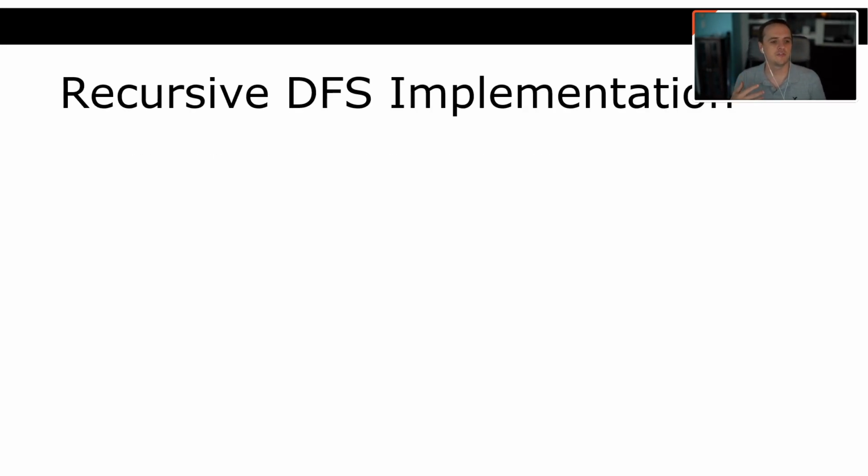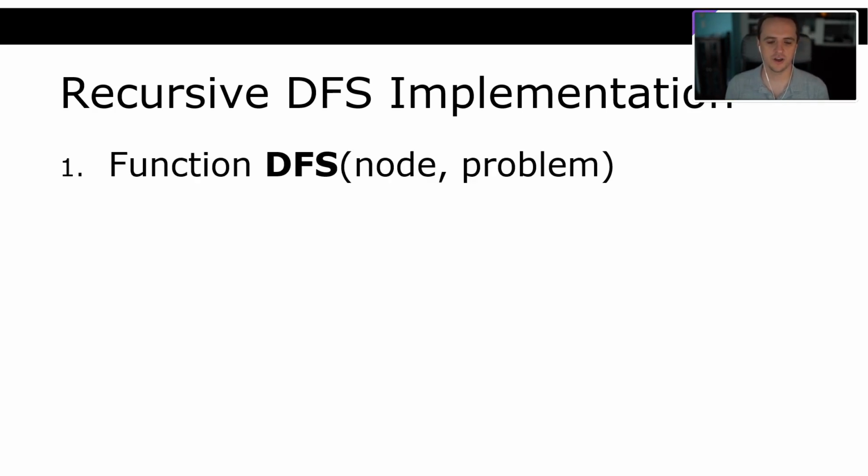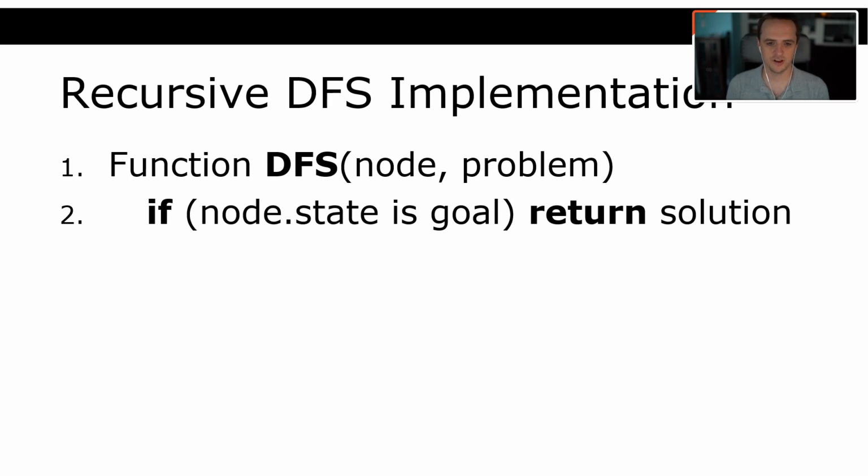Now, if you ever want to implement DFS in the wild, you'll probably be implementing it recursively. Okay. So here, just so you know, in this course, we're going to be implementing it as the generalized tree search. But here's how you would put in DFS as a recursive algorithm. You have a function, DFS, right? So first in our recursive algorithm, we check, hey, is the state of the node equal to the goal?